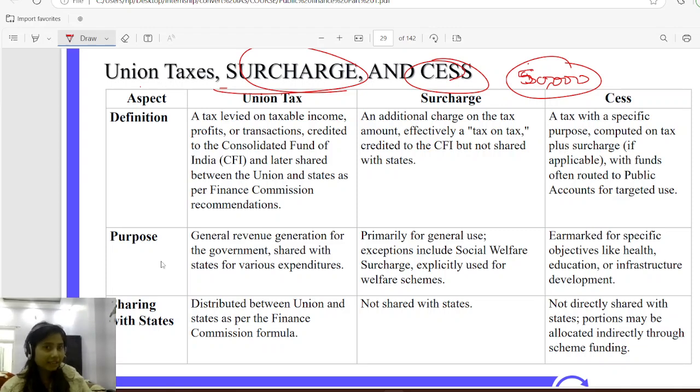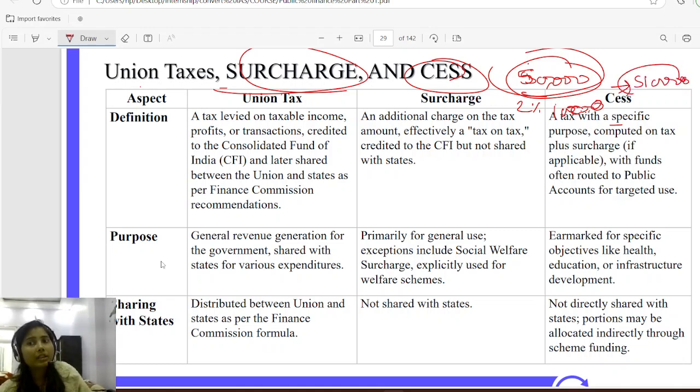In that case you will be paying a surcharge of some fixed percentage, suppose 2% on this 50,000 as well. So you will be paying 1,000 extra. So your total tax liability will be 51,000, not 50,000, because this 1,000 is a surcharge. So, tax on tax.